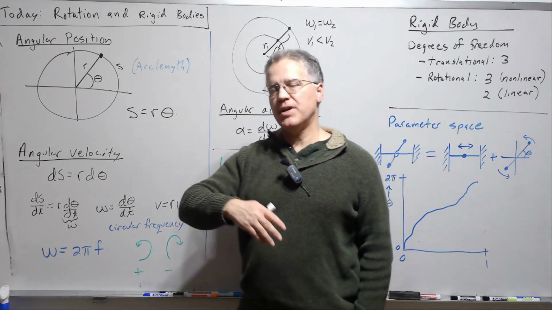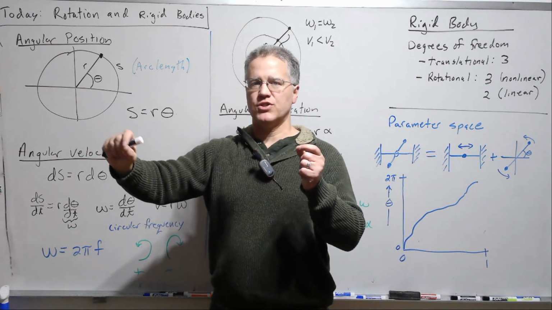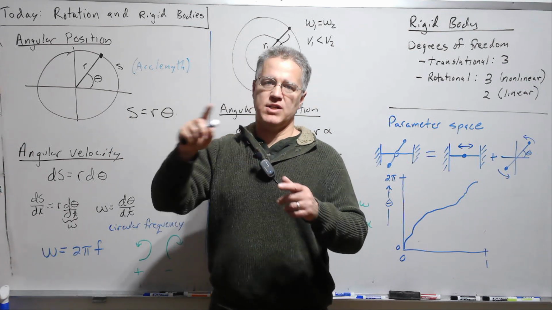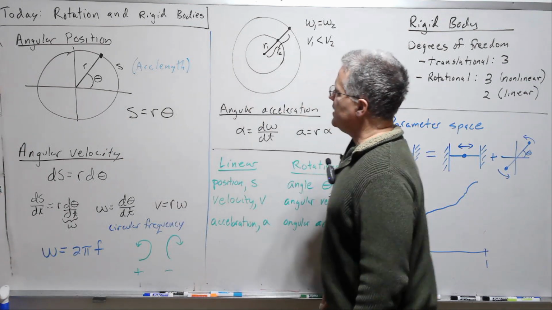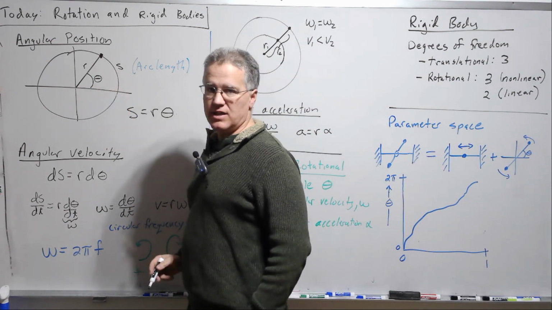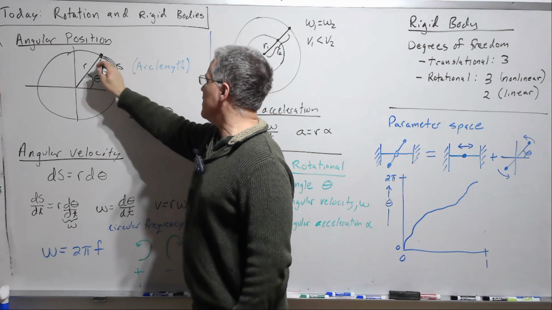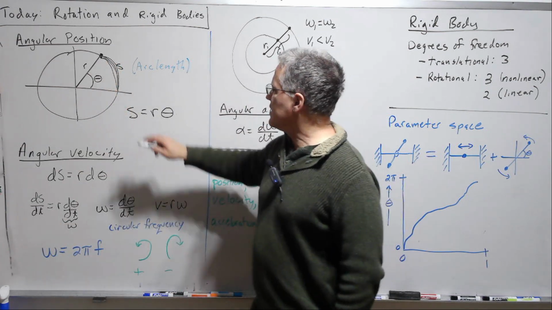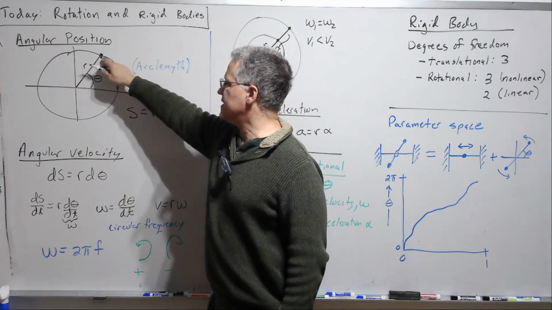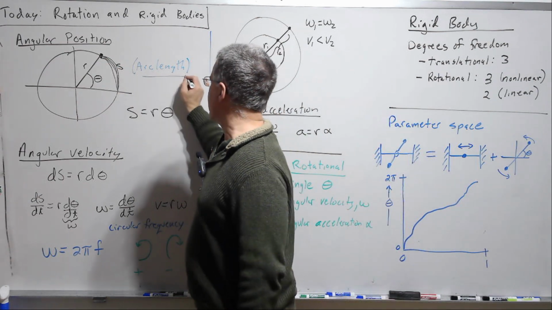And so it's compared more directly with just one-dimensional linear motion than 2D motion in the plane. Now, we can specify this position by the angle, as we said, or the distance along the arc running from the x-axis to the position of the object. That's called the arc length.